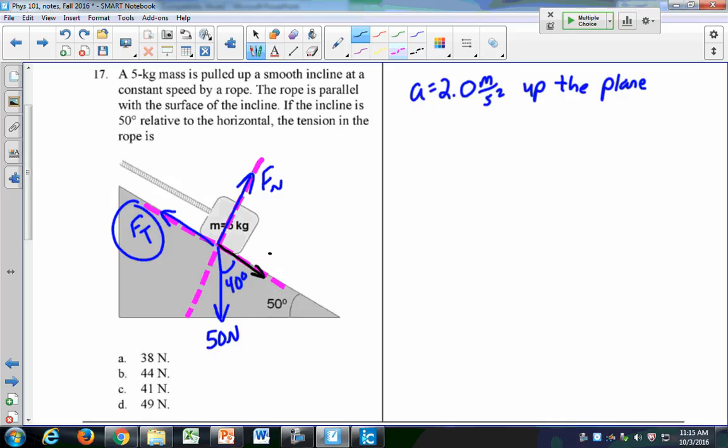So this is going to be 50 cosine of 40. And then you might just stop there because, hey, that is my tension force, 50 cosine of 40. But just to be complete, I'll go ahead and list this as 50 sine of 40.